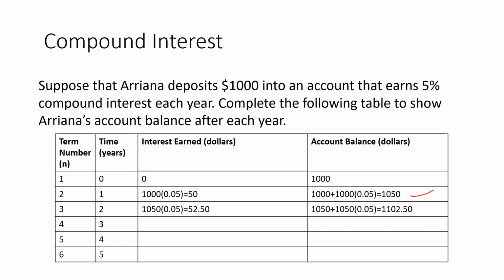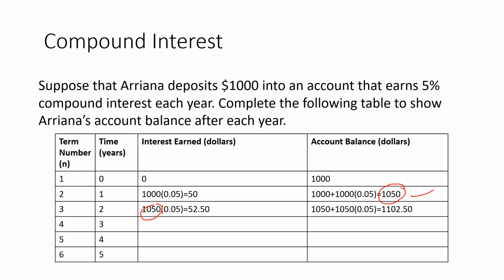And then for the second year, you take the ending balance and multiply it by the interest rate, 0.05. The interest is 52.50. When you add it to 1,050, you have $1,102.50.